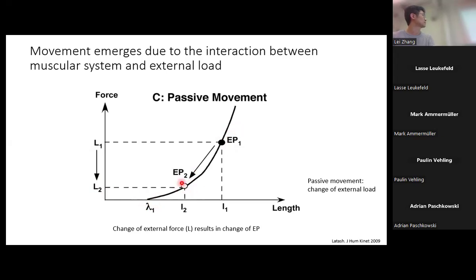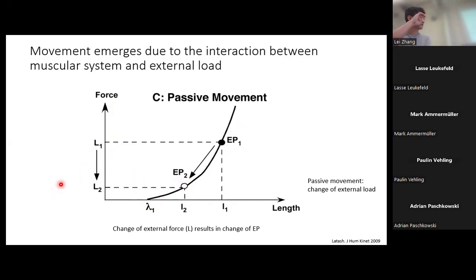So then your muscle will be here. That means you will shorten the muscle while the force decreases. This is just an illustration to help understand how the force-length change is a property of the muscle.